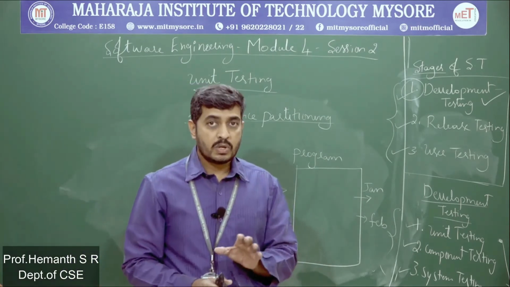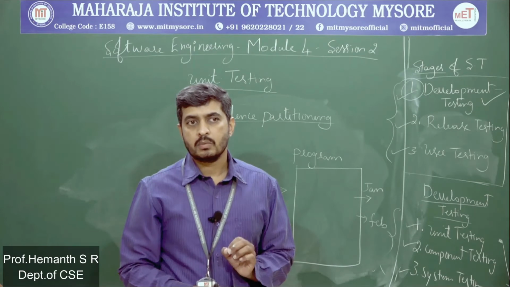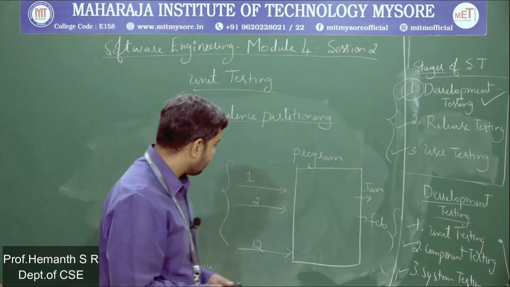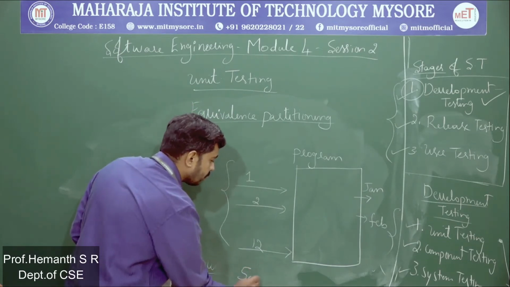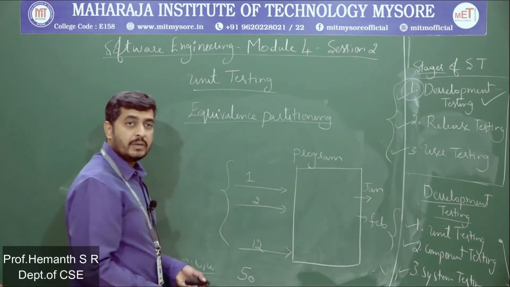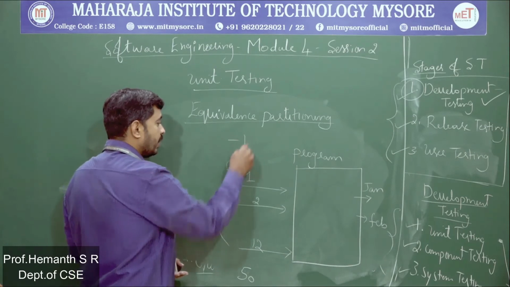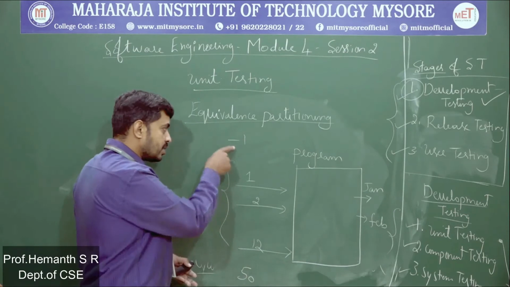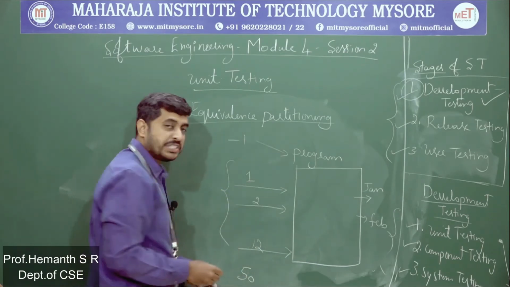This was for valid inputs. What if someone enters something unexpected, like someone enters 50? It is an invalid input. Someone enters -1, it is also an invalid input.